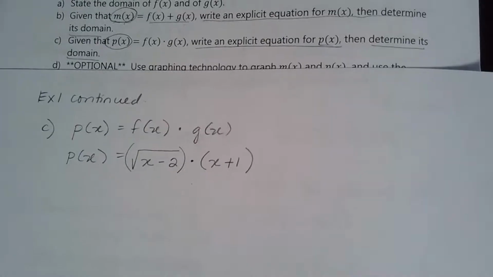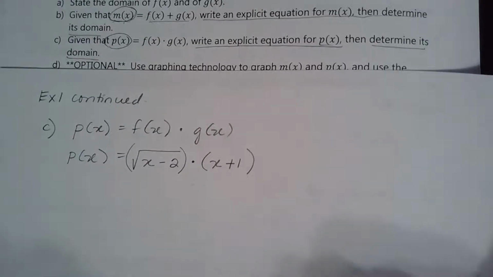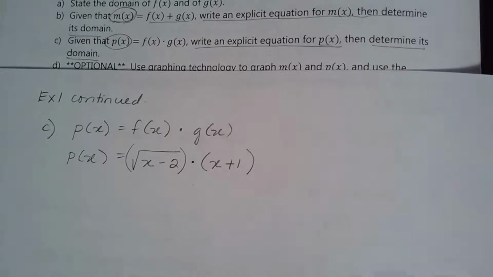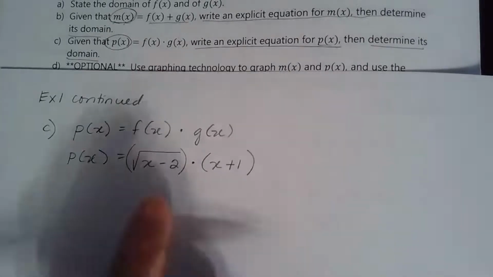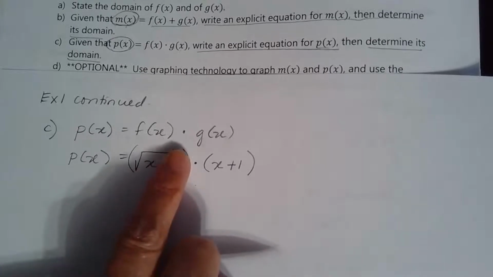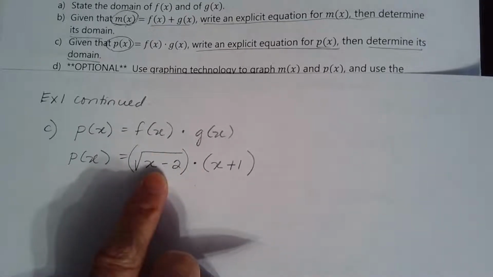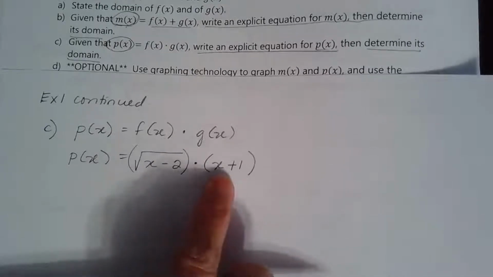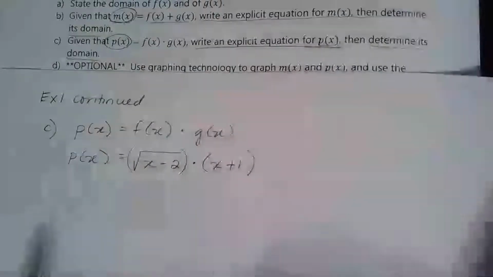Okay, so looking at the domain of P of x, again, this f of x is only valid for x greater than or equal to 2. G of x is valid for any real number.